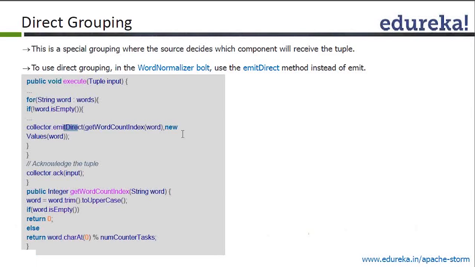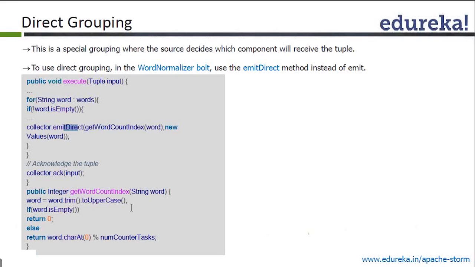Second is, how do you decide? So what you say is collector.emitDirect, and then you apply getWordCountIndex, which is just a method. Let me put the code together. It is a public integer method, getWordCountIndex.